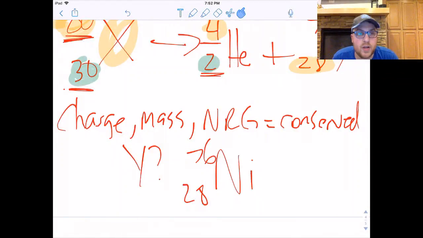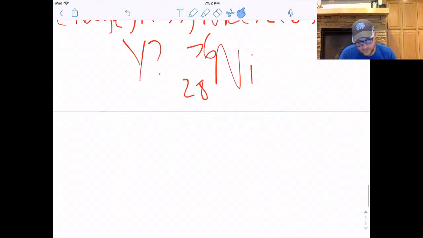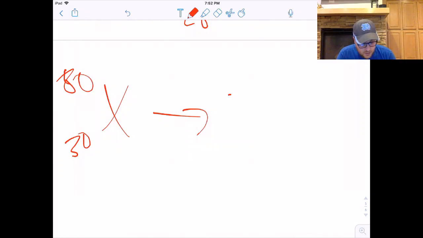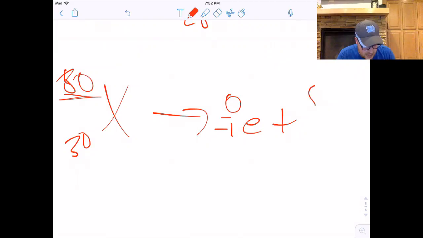Let's do another example with X here. But I wanted it to release a beta particle this time, because sometimes people get a little confused with beta. Now let's do the easy one. That's 80. That's 0. So this top number has to be 80 again. So the mass is 80 on both sides. That's 30. That's -1. So it's very tempting for students to put 29.